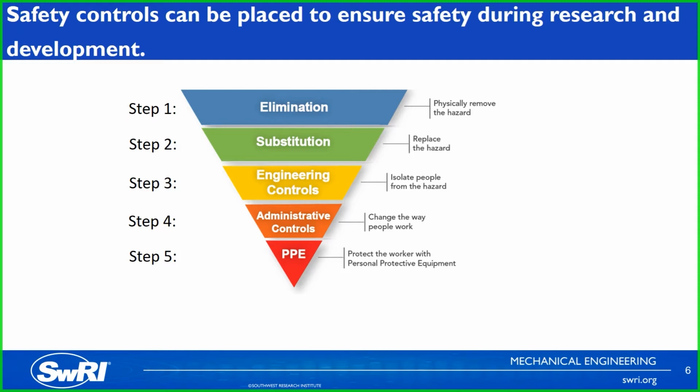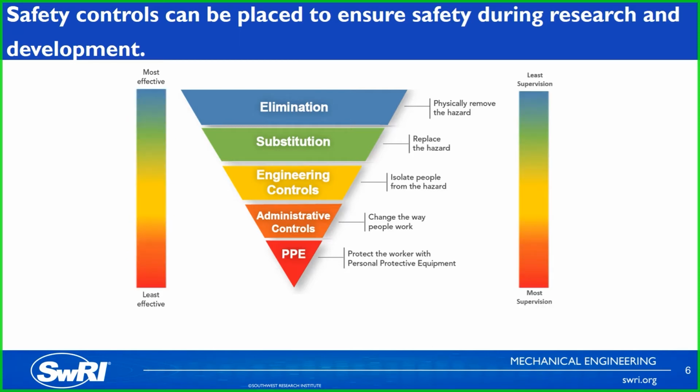And then the last line of defense is wearing personal protective equipment. Again, those don't really have a ton of protection, and that's why it's the last line of defense. So the biggest takeaway is that the higher you go up on the pyramid, the more effective it's going to be, and the least amount of supervision you're going to need to implement it.